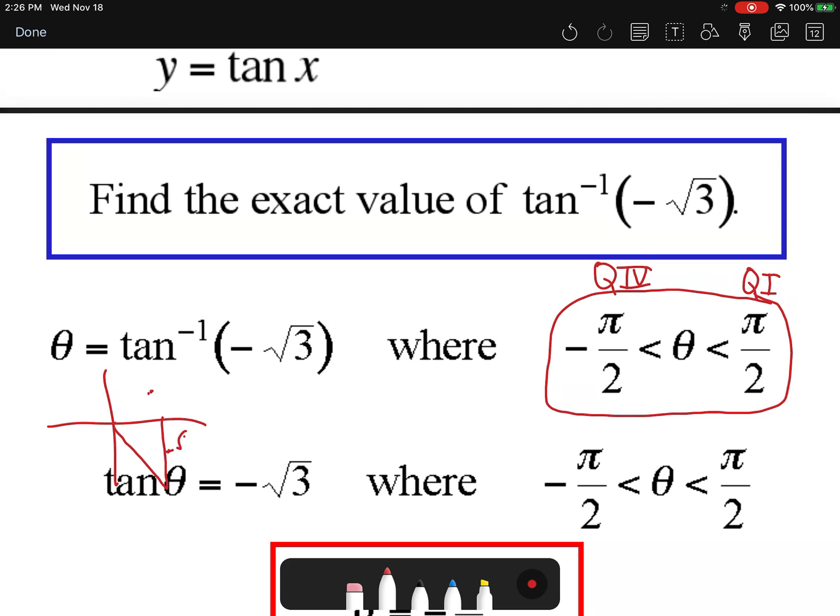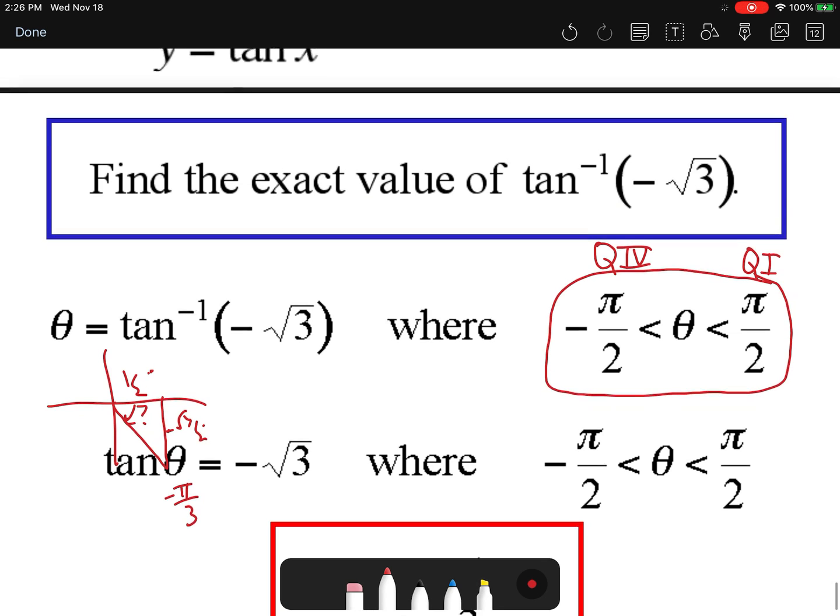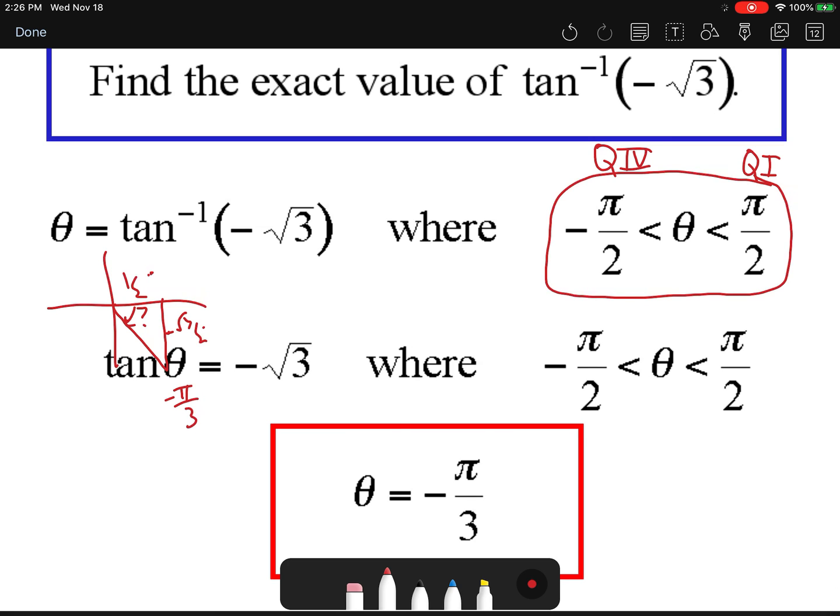Tangent's positive here, so it's got to be negative down here. So that would be negative radical 3 over 2 and 1/2, because it's y over x. So what is this angle? Well, that'd have to be a 60, wouldn't it? So negative 60, which is negative pi over 3. And that's what we got.